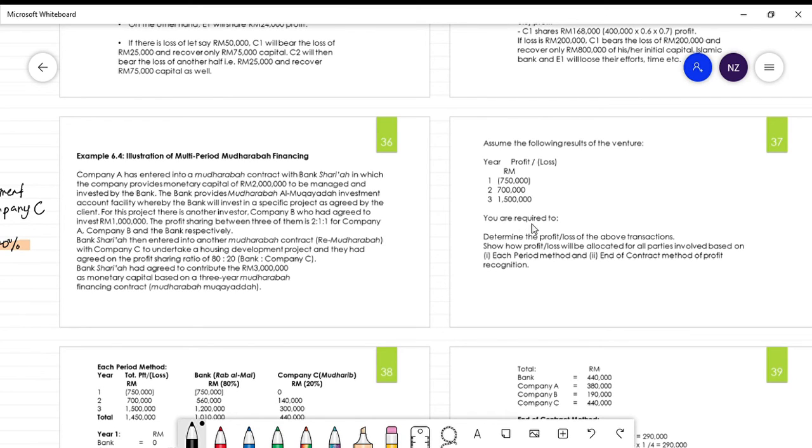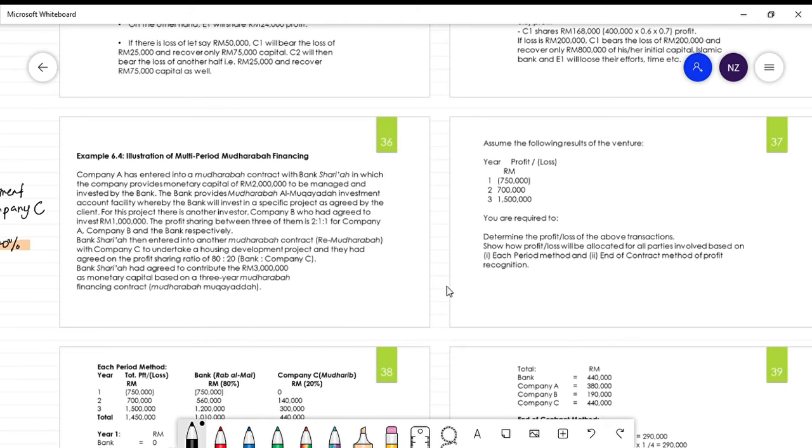And dia cakap you are required to determine the profit or loss of the above transaction. So you kena determine lah setiap seorang tu dia dapat, setiap company A, company B, the bank and company C dapat berapa profit, and then you kena show how profit and loss will be allocated for all of the parties involved based on each period method and end of the contract method.